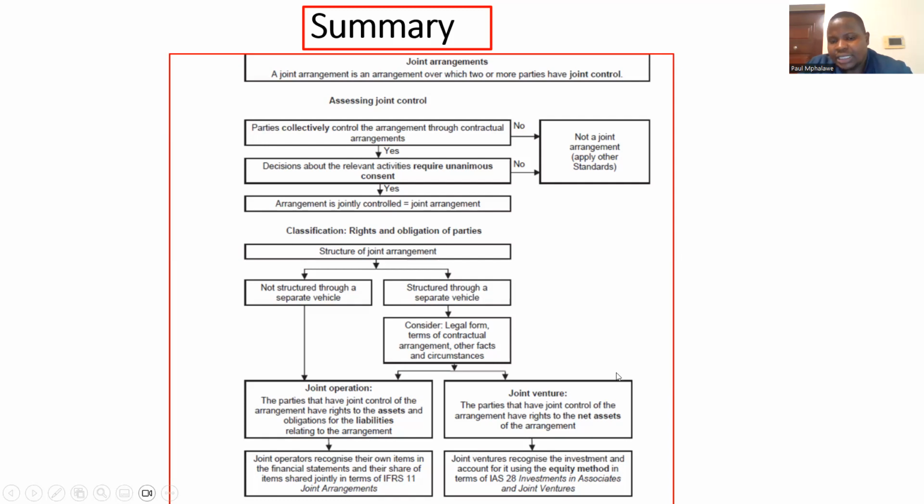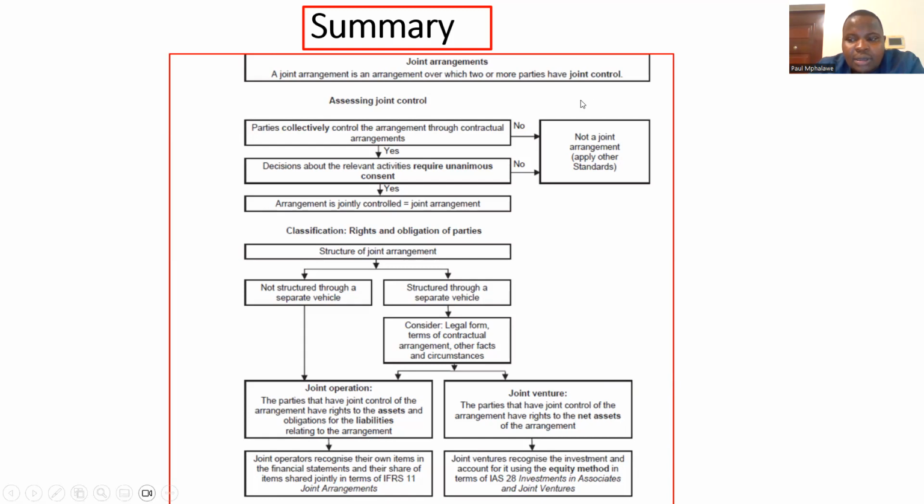Whilst in a joint venture, the parties have joint control, number one, of the arrangement and have the rights to only net assets. What are net assets? That's for you as an accountant to answer. Total assets minus current liabilities. That's possibly that, depending on where you are.